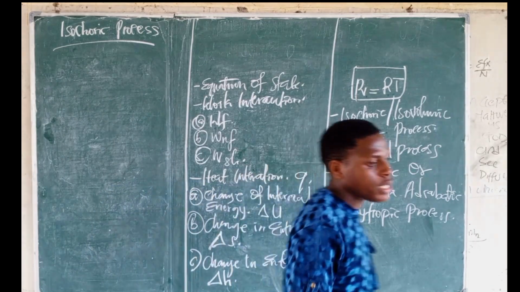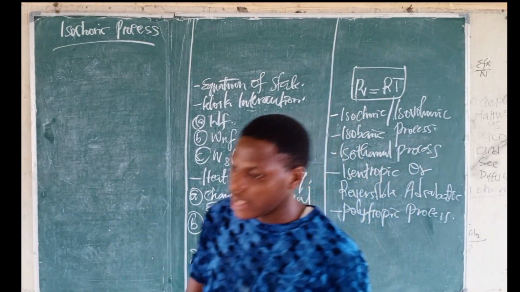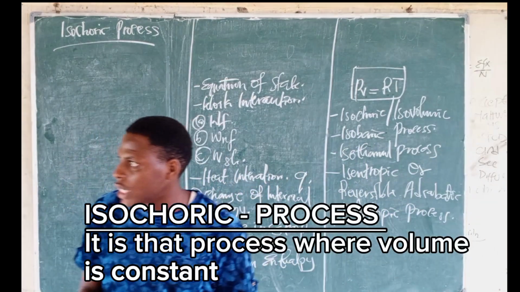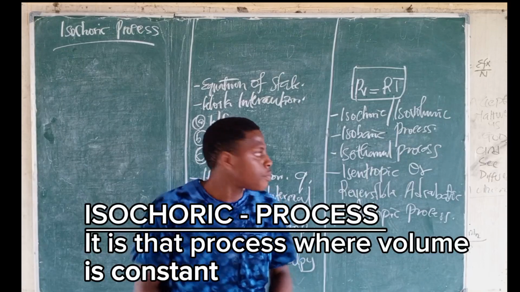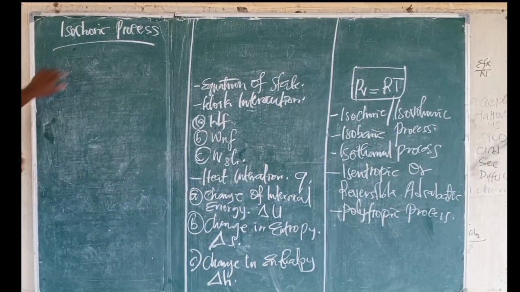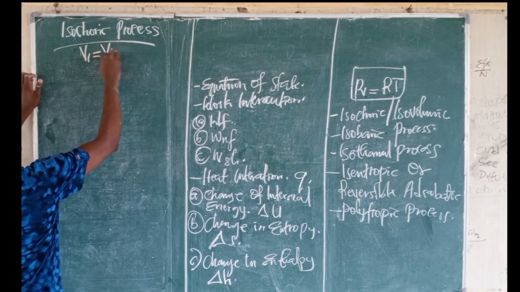Your isochoric process is the process where volume is constant. So you can take this down. Isochoric process is that process where your volume is constant. That is, for isochoric process, your V1 will be equal to your V2.